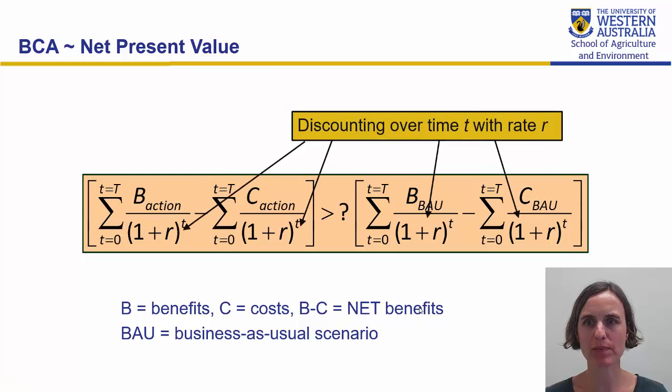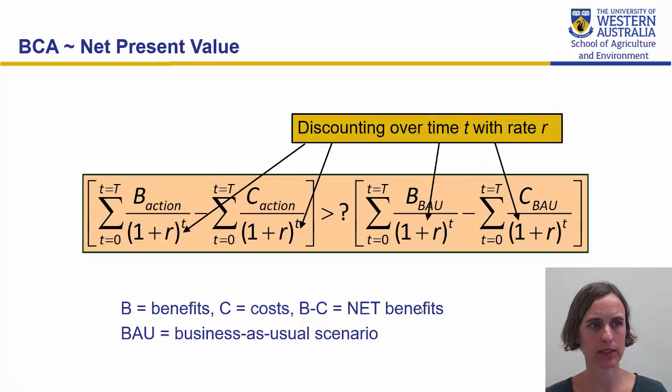Now, what's all that scribbly bit here below? That's the discount rate. We discount future benefit and cost, and we look at the discounted benefits over time from time 0 to the end of time.